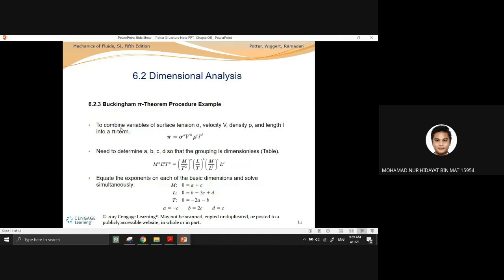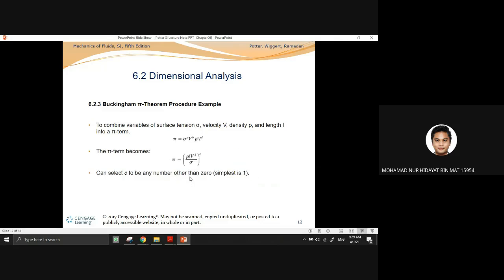So this is actually the example. Remember that in the last class I explained solving the Buckingham pi theorem. We form the pi group, and then we select the repeating variables, and then we equate with the MLT system. We find the A, B, and C, and then we form the pi term group, right?